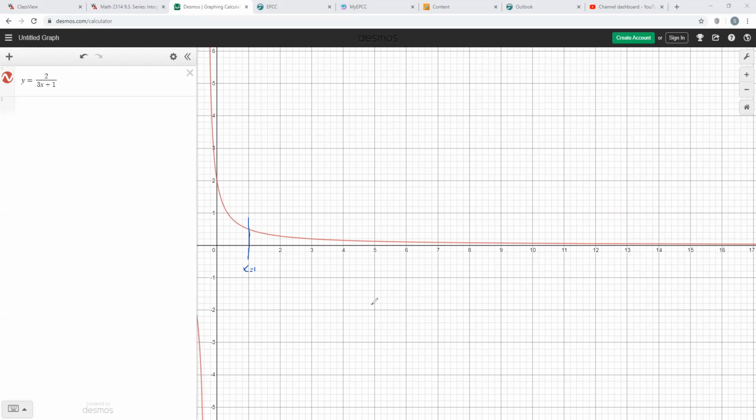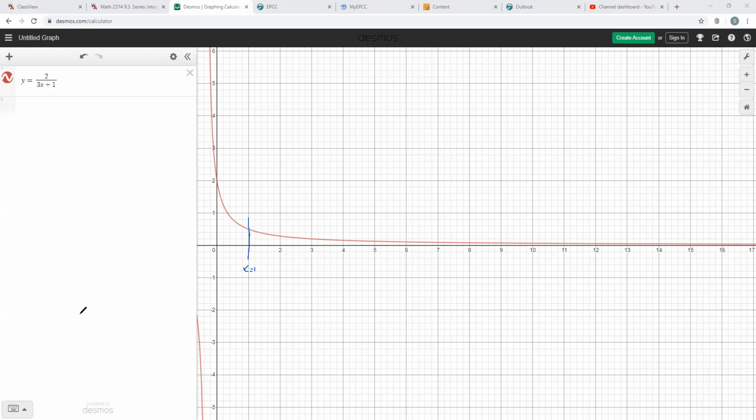What's another one? It has to be continuous. Good. And how would you convince someone that this is continuous? If there are no vertical asymptotes. Good. Or any holes in the graph, or any pieces broken up and separated. This is a separate piece over here, but that's not what we're worried about, right?